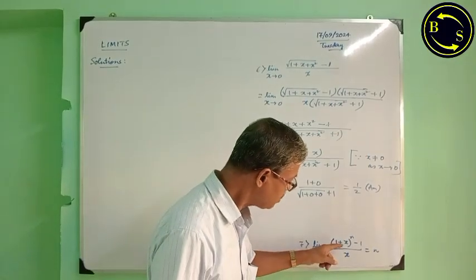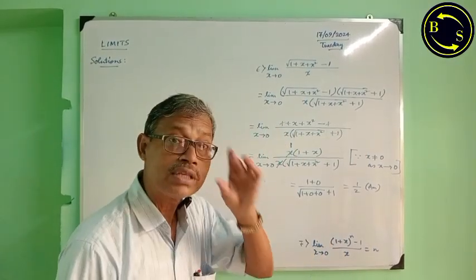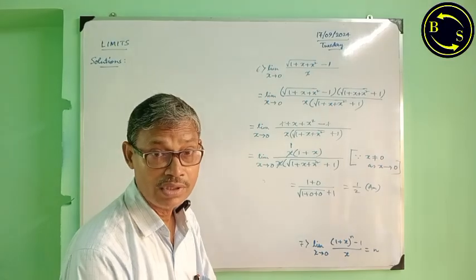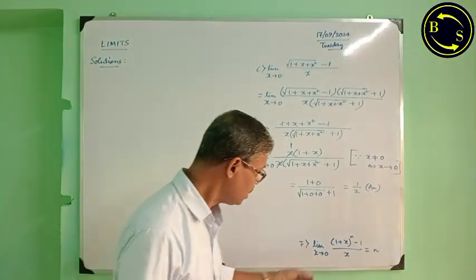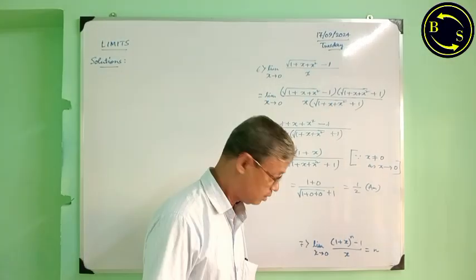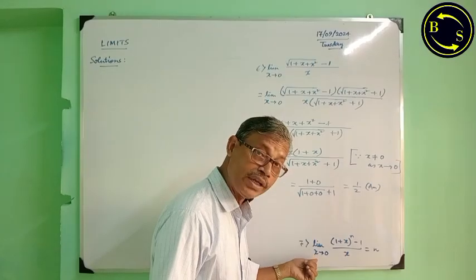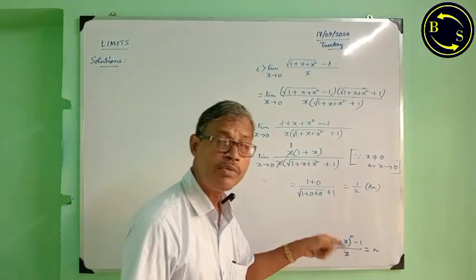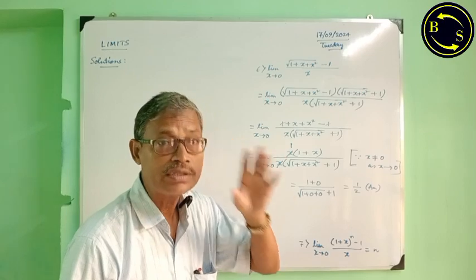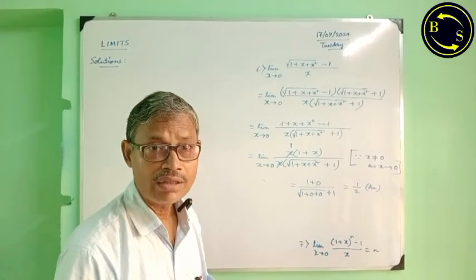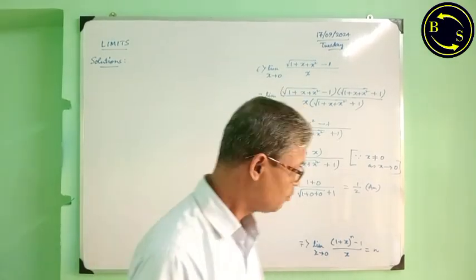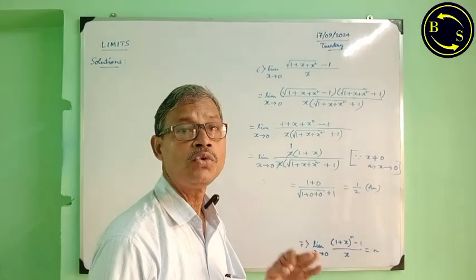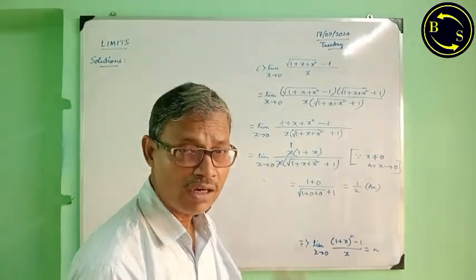Now if I change the variable taking 1 plus x equal to say z, then what we see? z tends to 1 when x tends to 0. Then this will be of the form z to the power n minus a to the power n. That means we are moving to the standard limit.